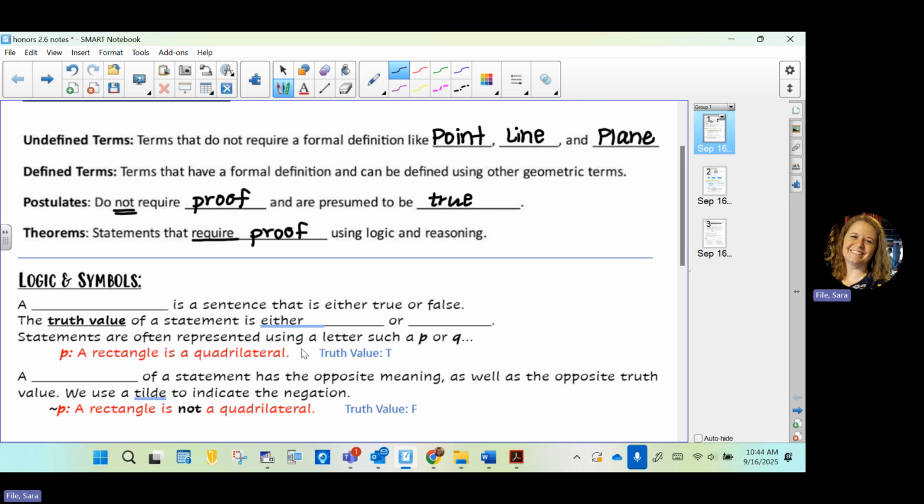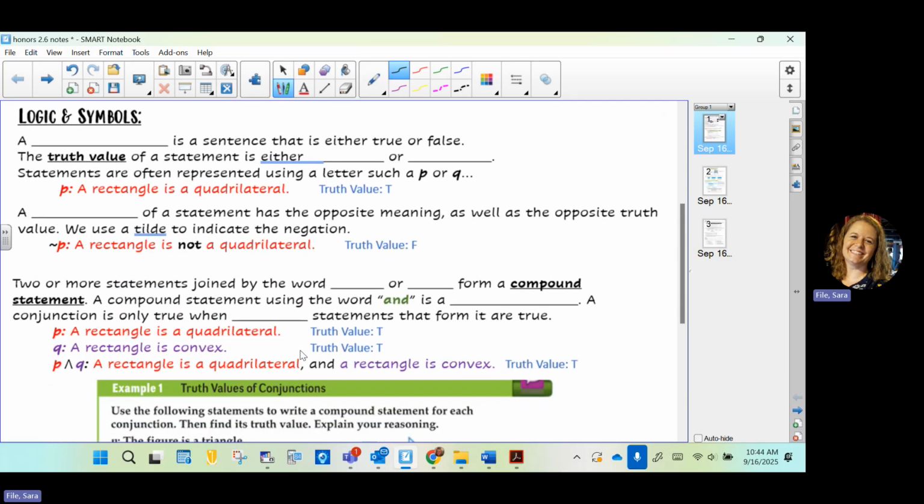All right, so let's get into 2.6 then. Okay, so we're going to start with the basics, logic and symbols. First of all, a statement, just a statement in general, is a sentence that is either true or false. Whether it's true or false is called the truth value of the statement.